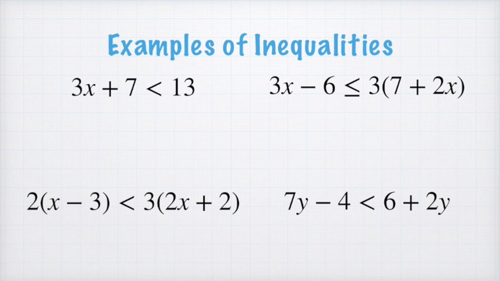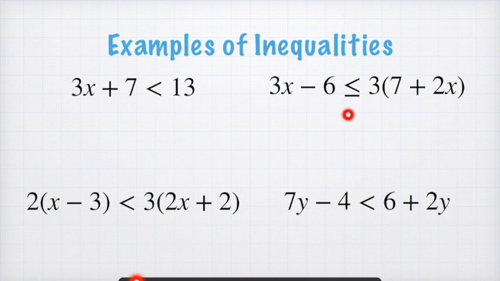We have 3x plus 7 is less than 13, which means that in order for this to be true, whatever we put in for this x has to make it so that this side of the statement is less than 13. Same thing over here. We have 3x minus 6 is less than or equal to.